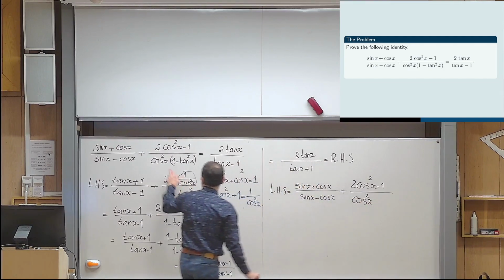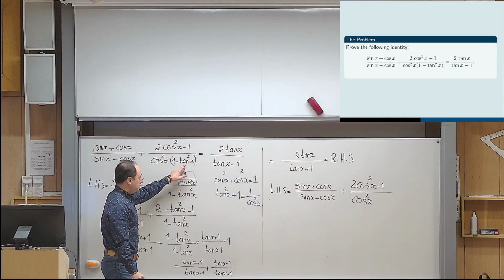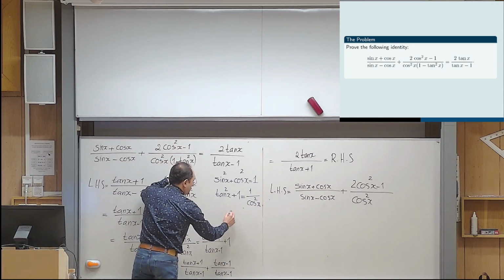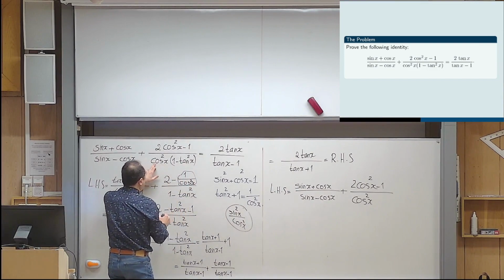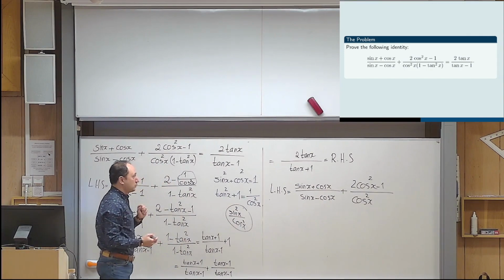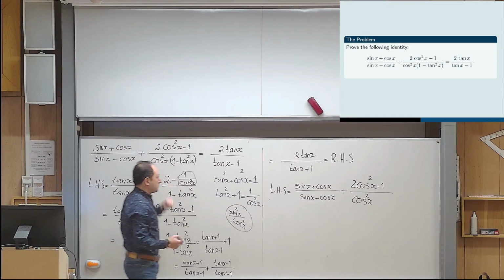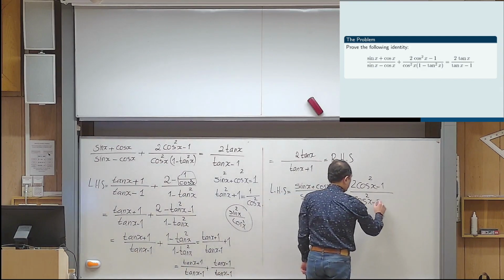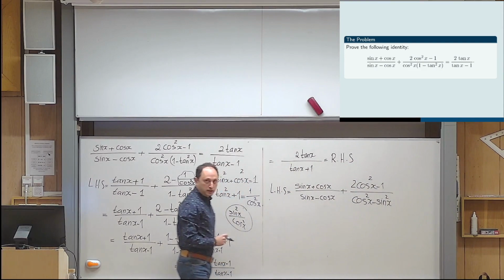But what happens if I multiply cosine x squared into the second term? Okay, so tan x squared is nothing except sine x squared over cosine x squared. This is tan x squared, and I multiply it by cosine x squared, which will cancel that one, and I will be left with minus sine x squared. So this becomes minus sine x squared.